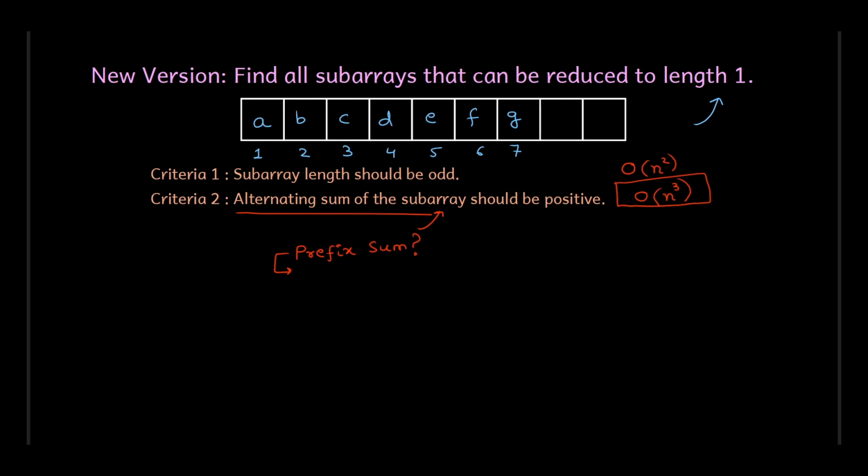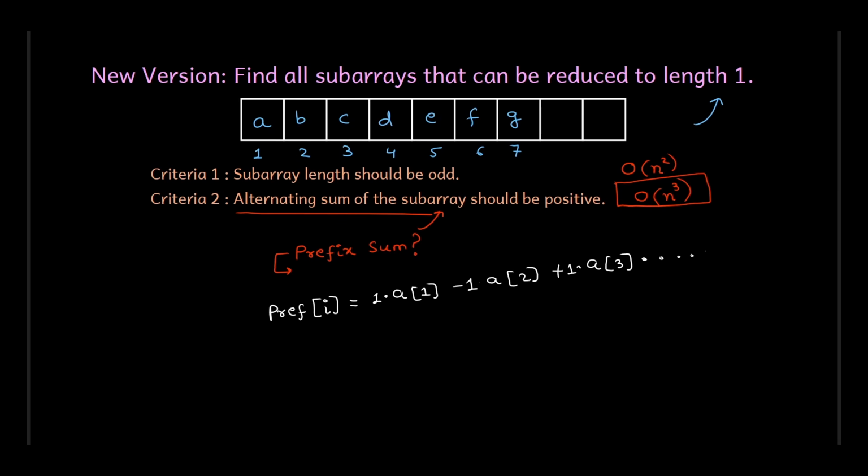Then you define prefix of I as the alternating sum. So that is basically 1 into A of 1, and then you add minus 1 into A of 2. You add plus 1 into A of 3 and so on.